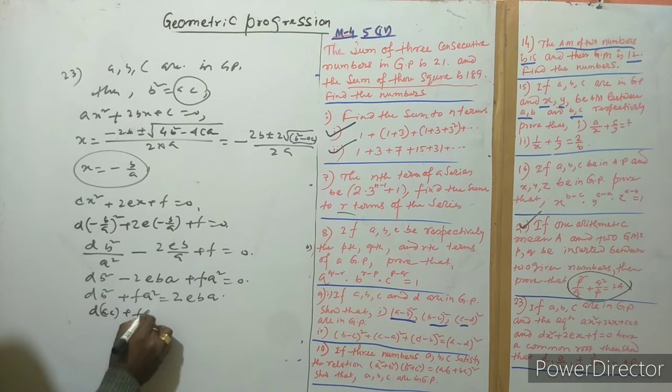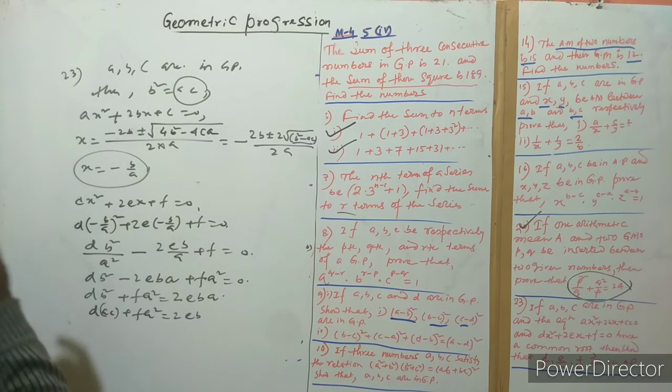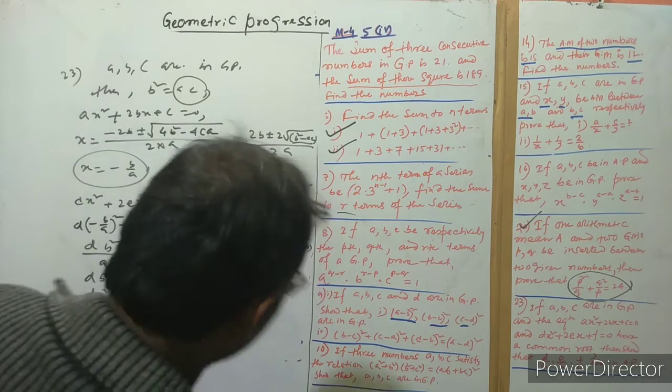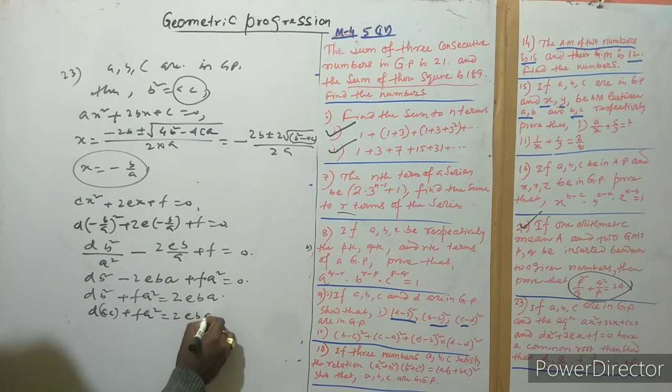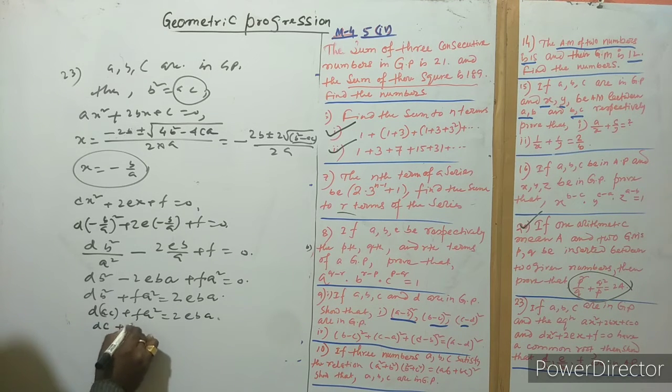So d ac plus f a square equals 2eba. Take a common: a times d c plus f a equals 2eb.